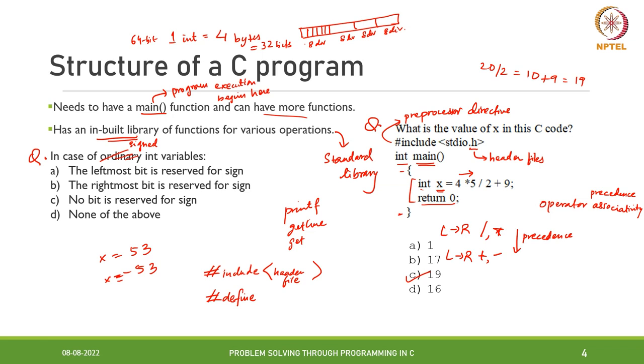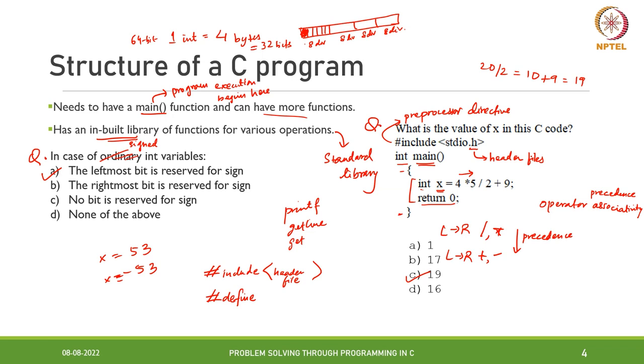So what do you think, where does the sign of the int variable get stored? Yeah, you're correct. So the leftmost bit is reserved for the sign. This particular bit that you are talking about, the leftmost one, will store the sign.